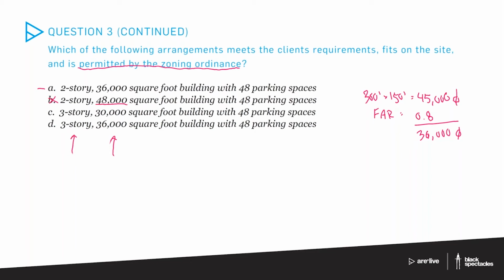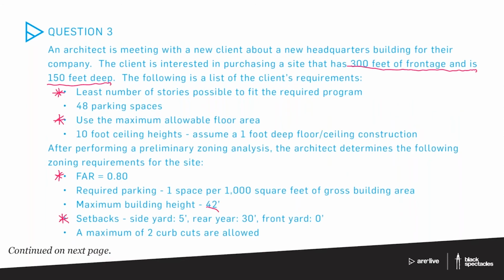So remember, we've got 300 feet of frontage. So the long side of the site will be one of the front lot lines, and we've got a 150 foot deep site. So based on our setback requirements, which go here, there is a rear yard requirement of 30 feet and 5 feet side yard requirements.